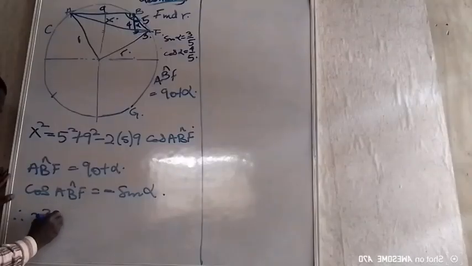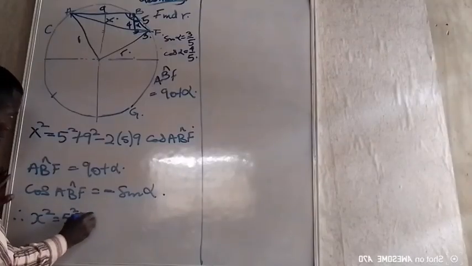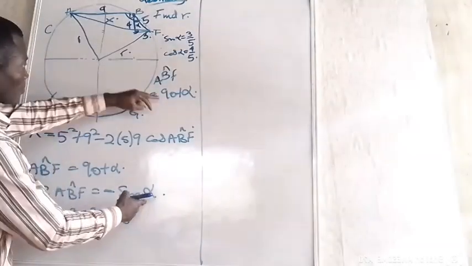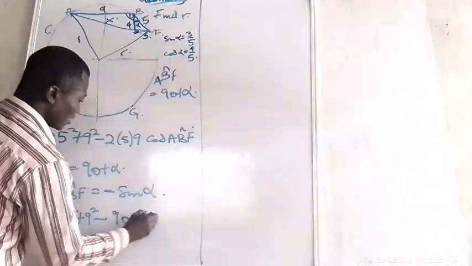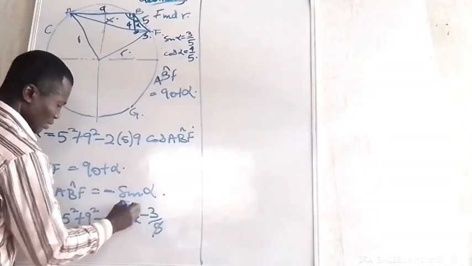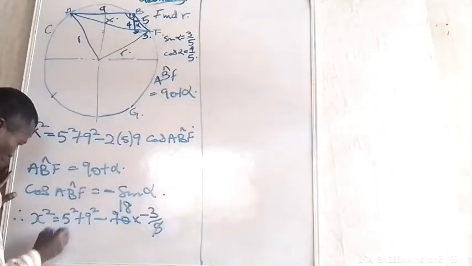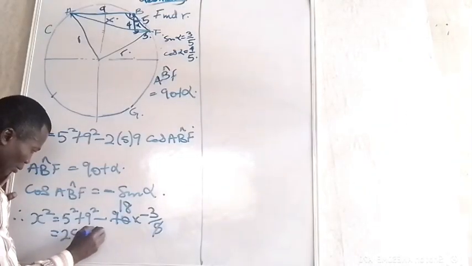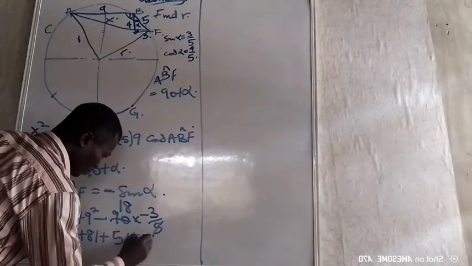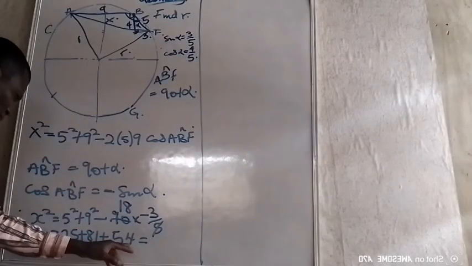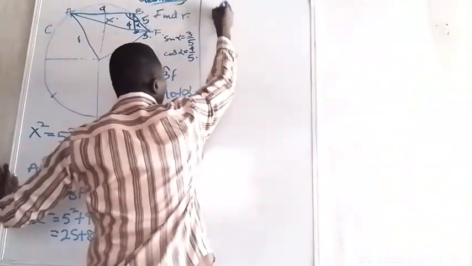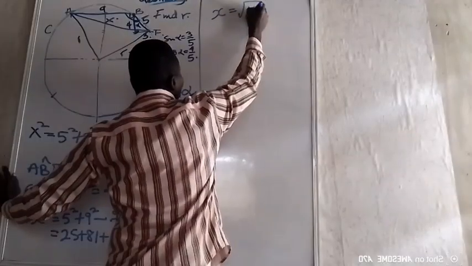Therefore, x squared is equal to 5 squared plus 9 squared minus 90 times sine alpha, which is minus 3 over 5. So this should be 18. So it's going to be 25 plus 81 plus 54. On adding this, it's giving me 160. So x is equal to square root of 160.